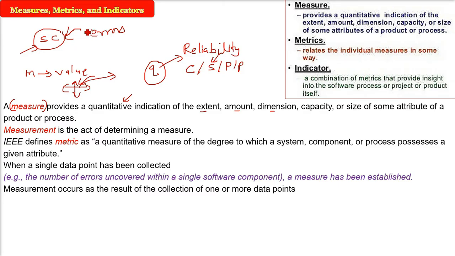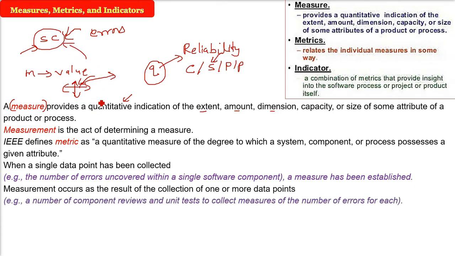But now let us move to more data points, more ways of collecting. So with the same component, we can do it in multiple ways. For example, we are doing the reviews, say the technical review, and this can be done multiple times, or say unit test we are doing.